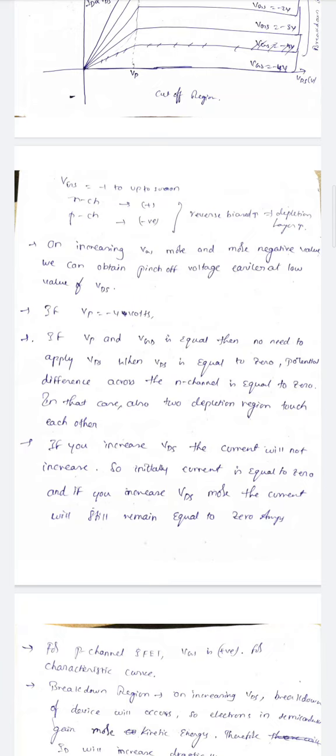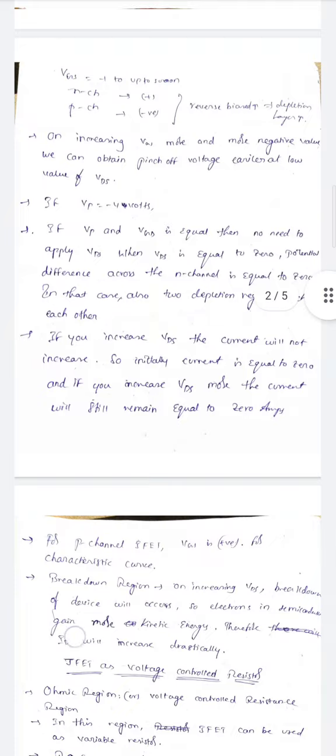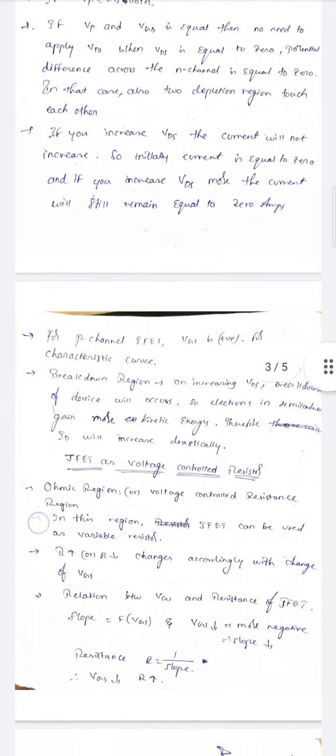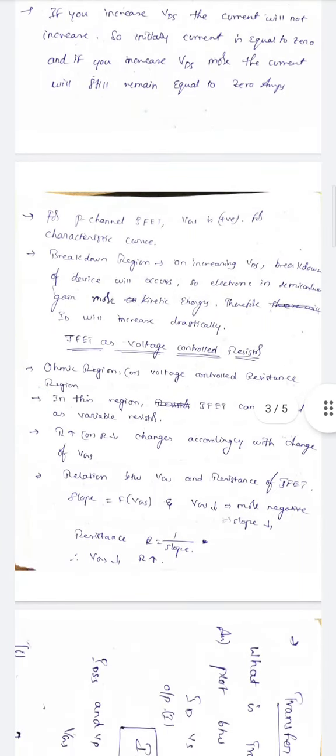Understood? So the potential between drain and source will be 0, so the potential difference across the channel is equal to 0 volts. In that case, the depletion layers must also touch each other.